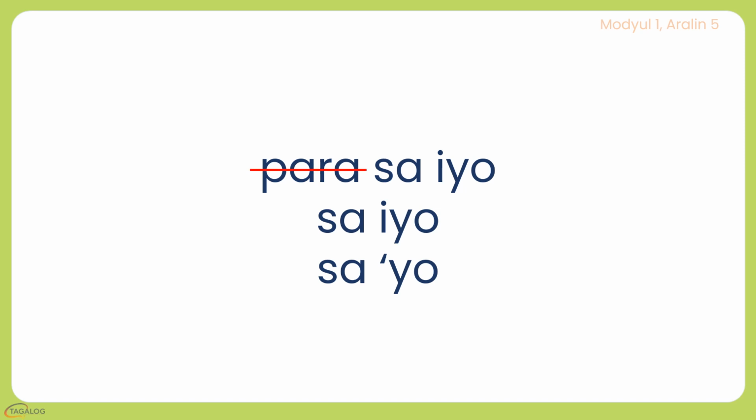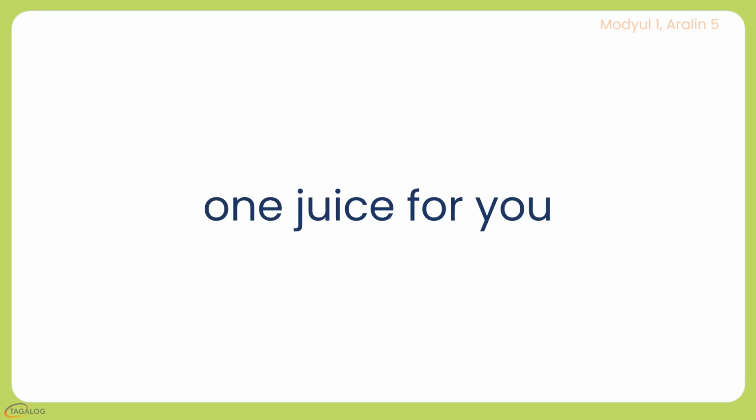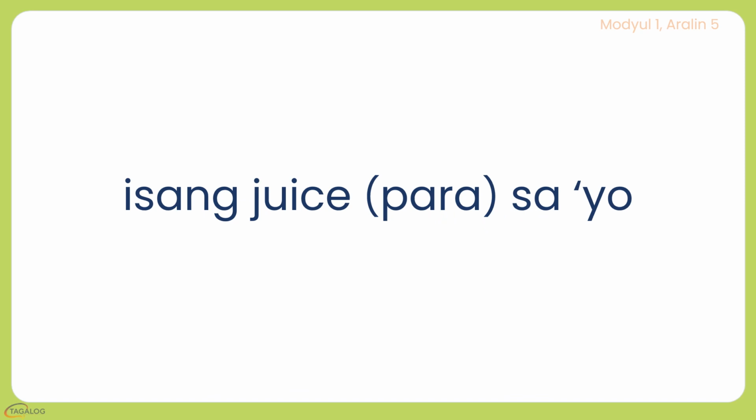Para can sometimes get omitted. So what you'll hear from Tagalog speakers is sa iyo or sayo. Therefore, one juice for you could be isang juice sayo. As you can see, we can contract iyo with you.